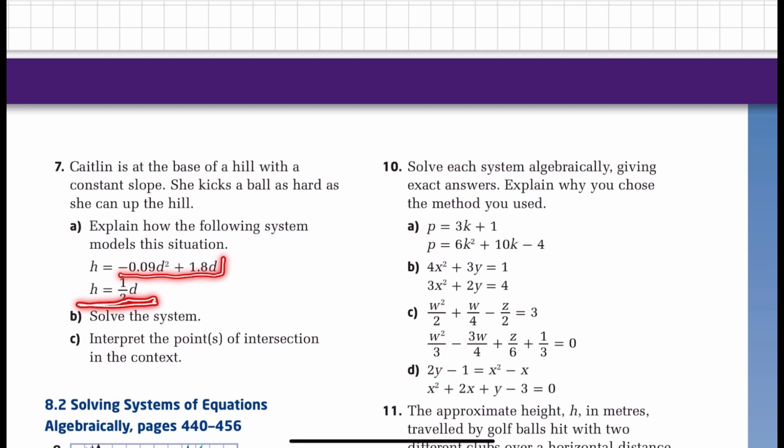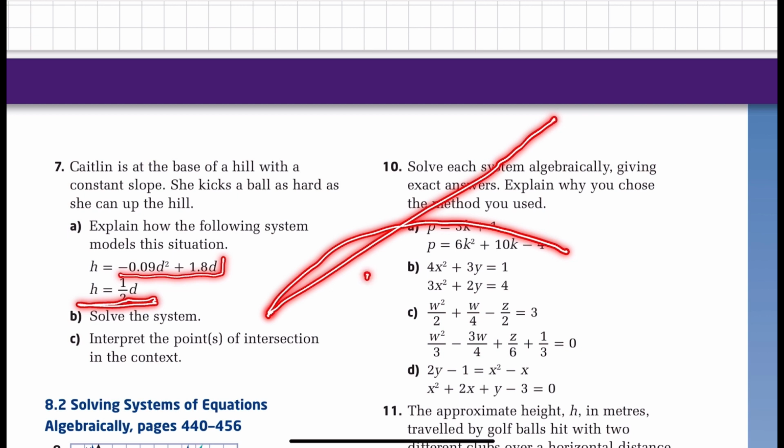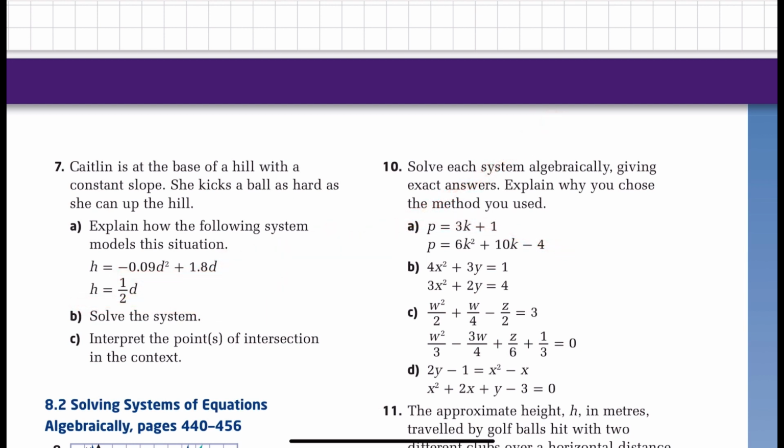She hit the ball like this, so it went from one point to another, and the hill is like this, for example. The first equation is the parabola, which is the trajectory of the ball, and the second equation is the slope of the hill, which is a line.